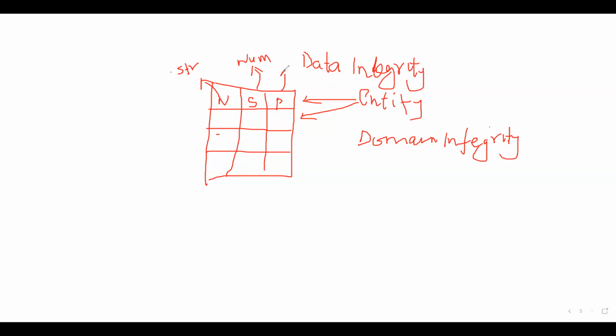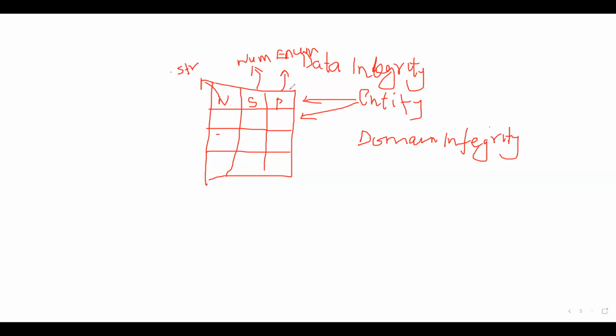Then position. For position, you can't just put in anything. That's what we call enum. An enum is just predefined information, text or number, that you need to select from.